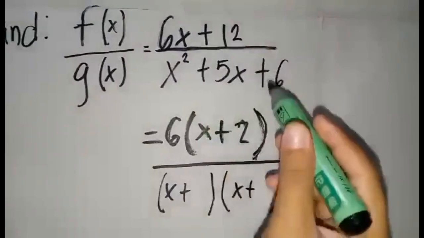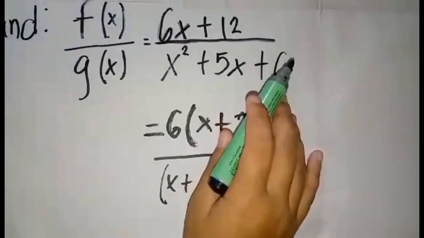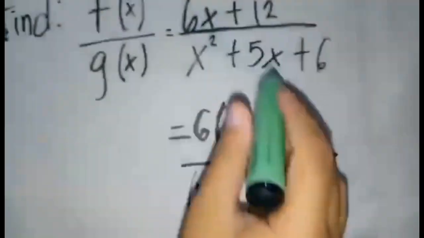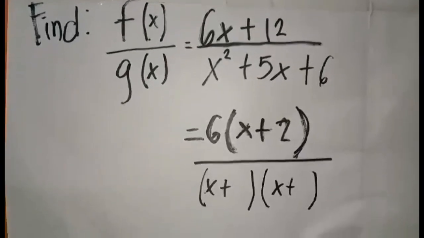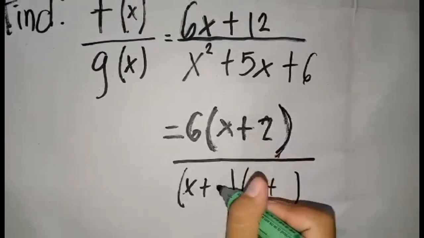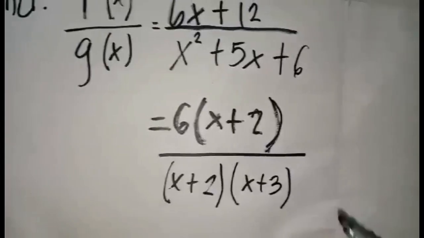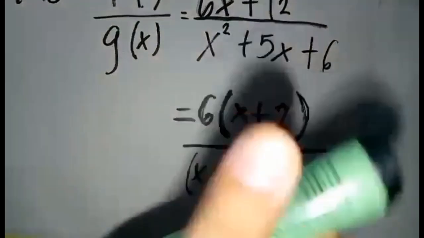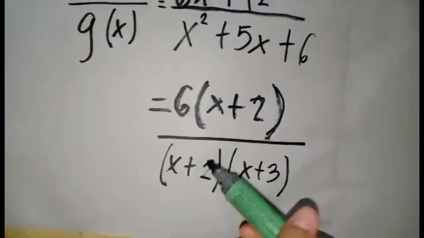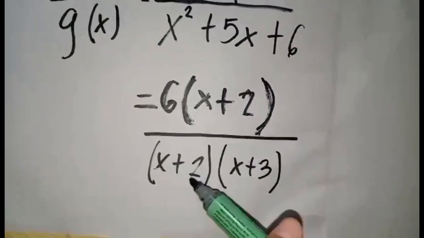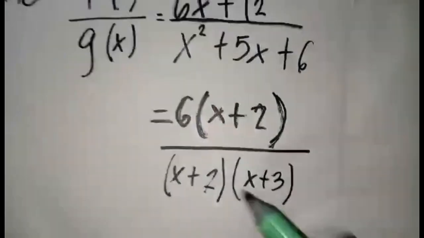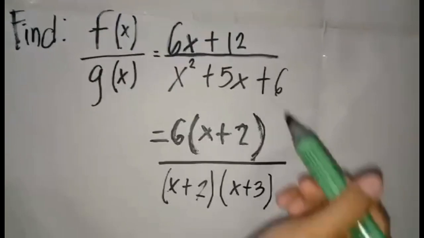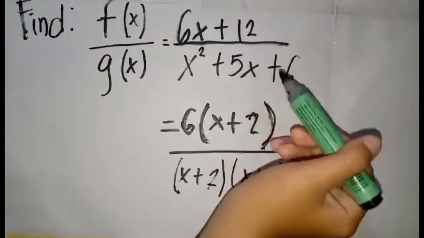So the factors of 6, the sum must be 5x. We have our 2 and 3. So let's try to check our answer. So 2 times 3 is equal 6. 2 plus 3 is equal 5.